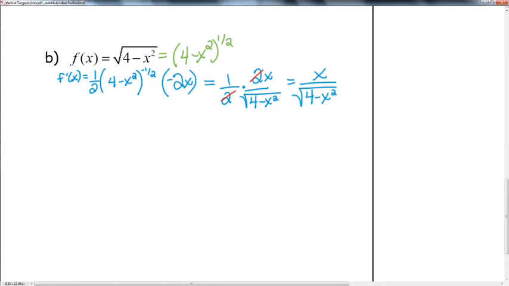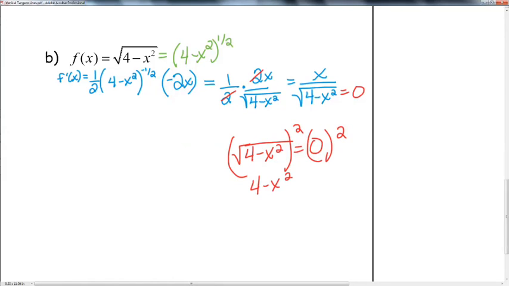And once again, I'm going to set the denominator equal to 0. So I have the square root of 4 minus x squared is equal to 0. If I square both sides, to get rid of the square root, I get 4 minus x squared is still equal to 0. Then let's move the x squared to the other side.